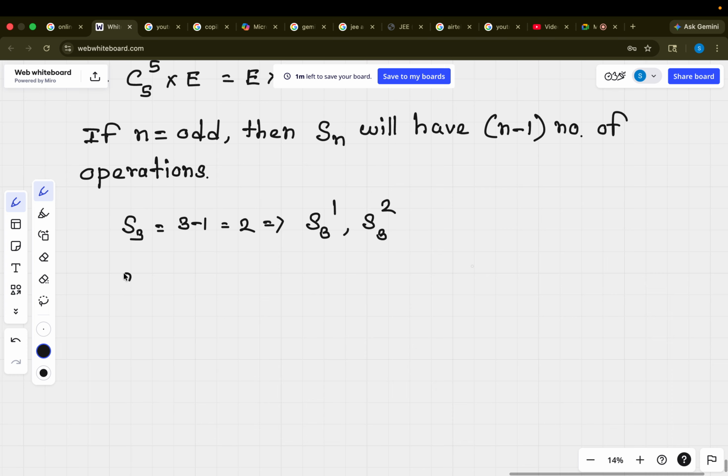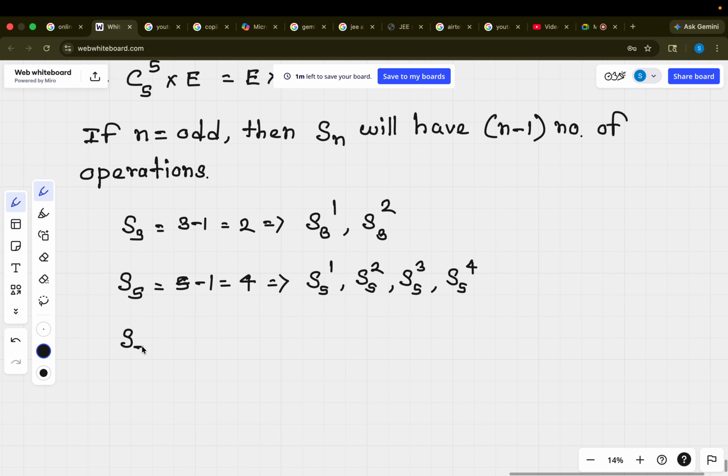Suppose you have S5. That means n minus 1, so 5 minus 1 is 4 operations. What are the operations? S5 1, S5 2, S5 3, and S5 4.